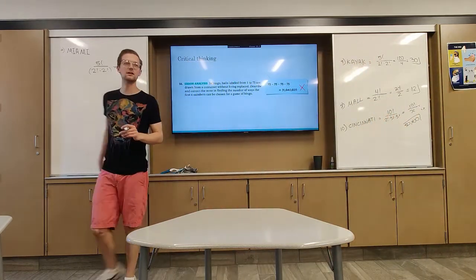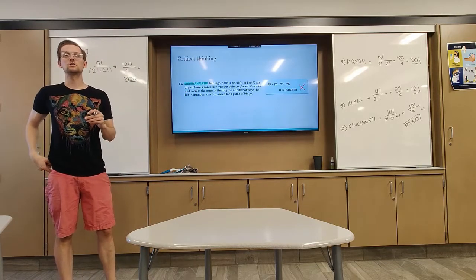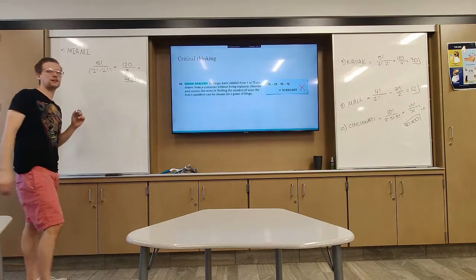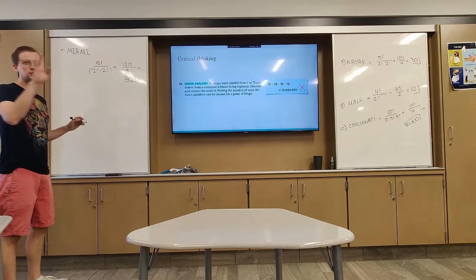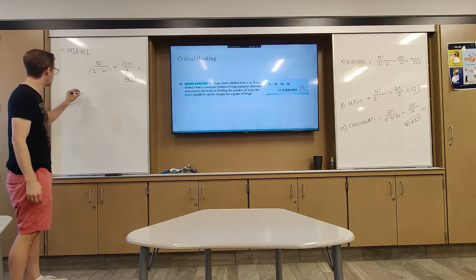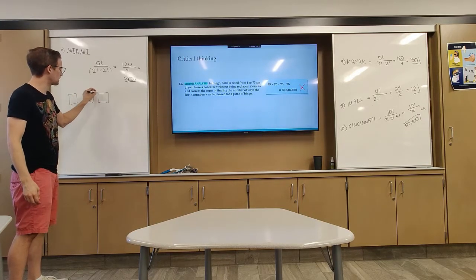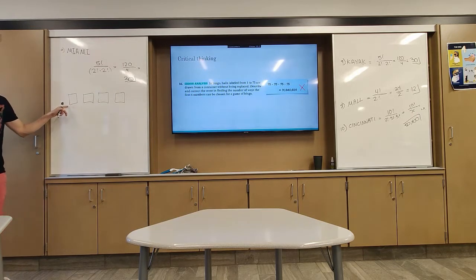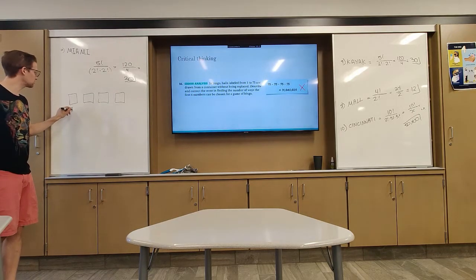Let's do the fundamental counting principle. It's the same thing. We're going to pick four bingo balls, right? So I have 4 little boxes where I can put my 4 choices. How many different bingo balls can I choose from for the first one?